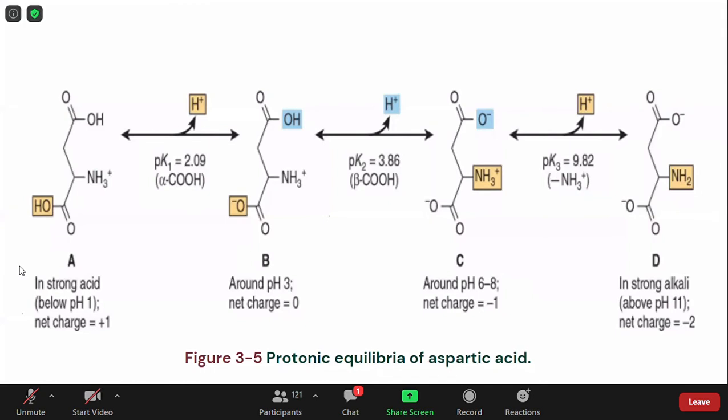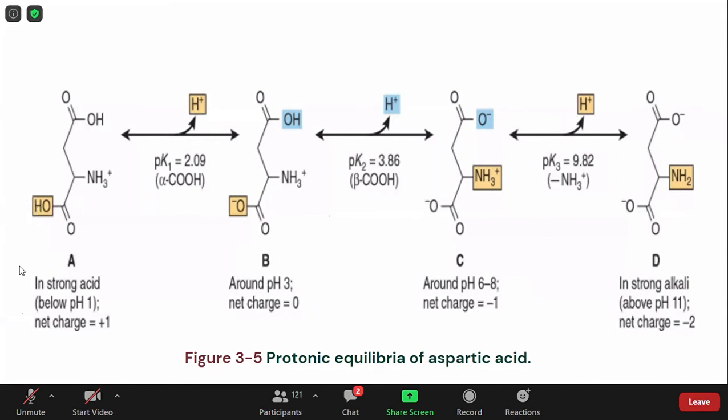A, B, C, D. B, because it's zero charge. No charge at all, because positive cancels the negative. So no charge. Zero charge. So that's the PI.